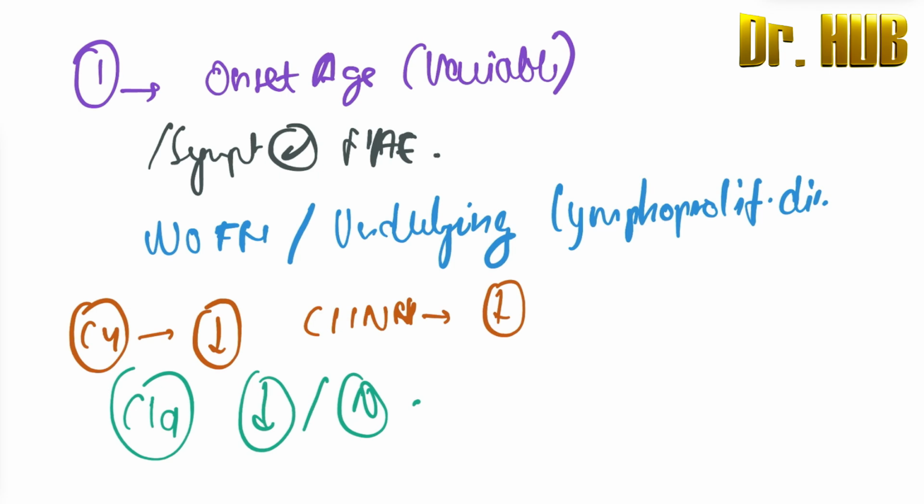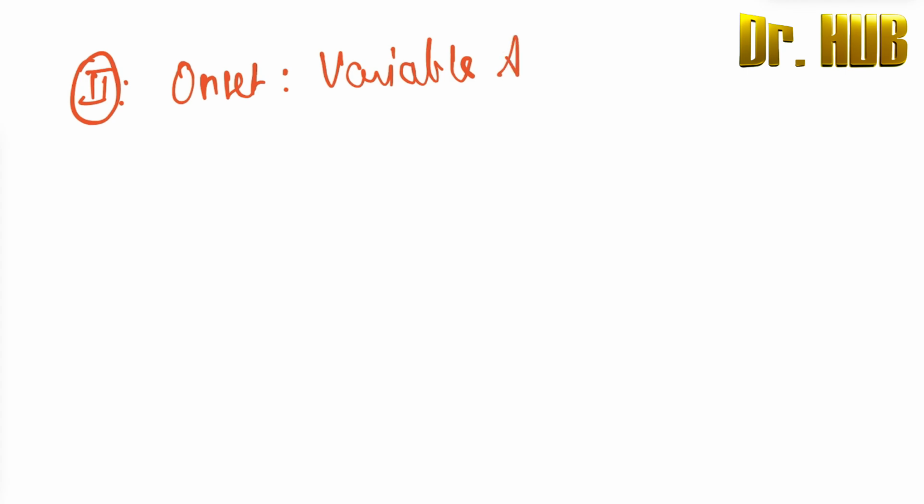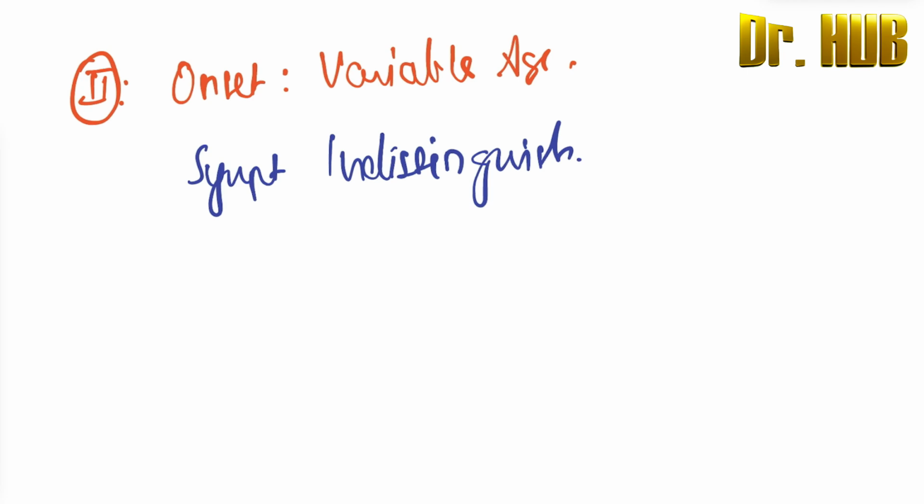Next we move on to the type 2 variety of AAE. In type 2, the onset is at a variable age, and the symptoms are indistinguishable from HAE.